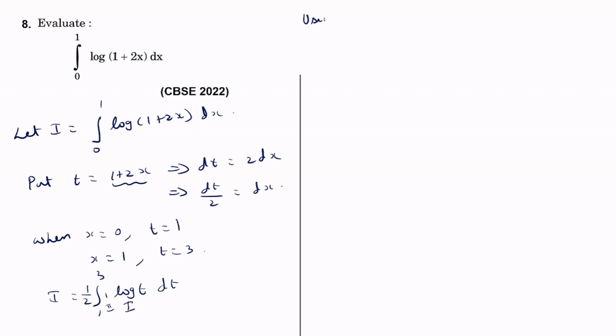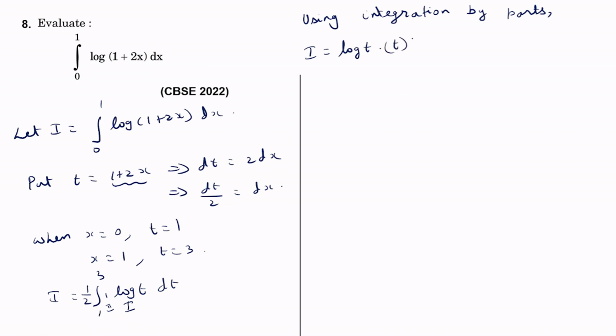So using integration by parts, the given integral becomes first function, that is log t, into integral of the second function, that is integral 1 into dt, which is t.